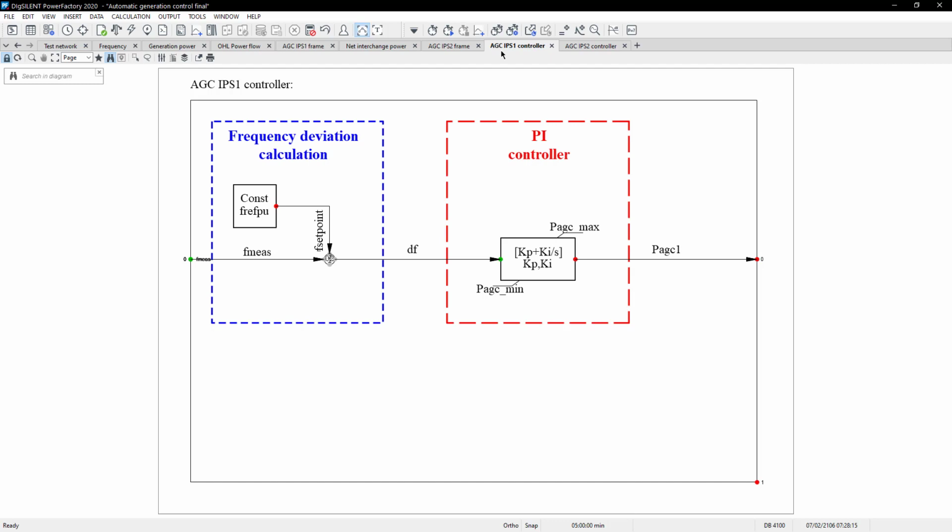The AGC controller is basically taking the frequency and using a PI controller, all of you must know that, and this PI controller is providing the reference for the AGC.